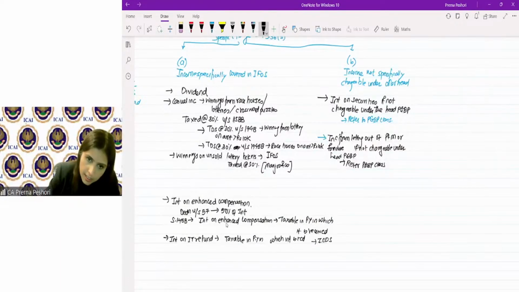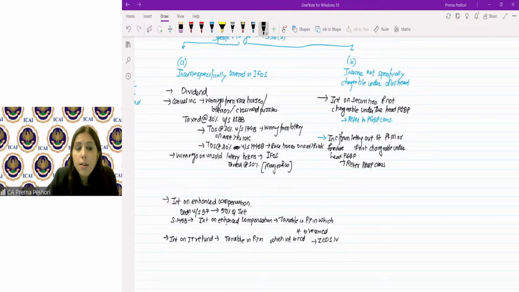This is as per ICDS 4. Okay. This is as per ICDS 4. Fine. Yes or no? Okay. Now the next component under income from other sources.